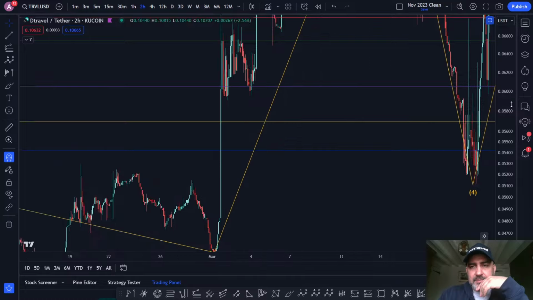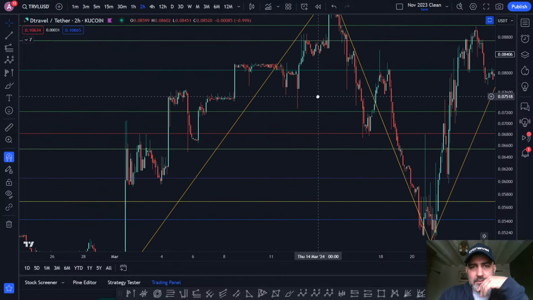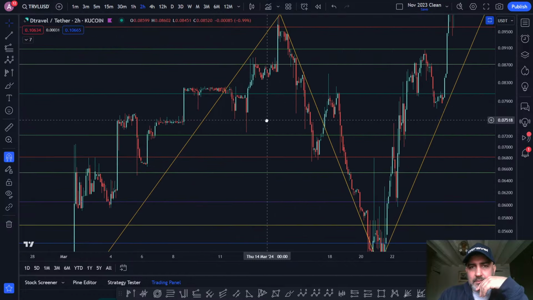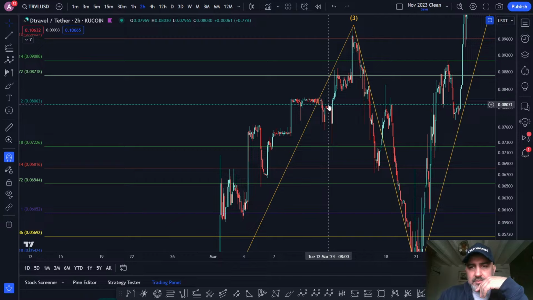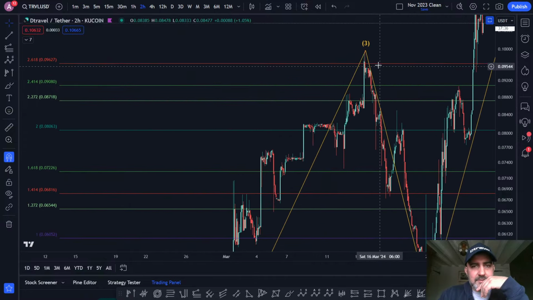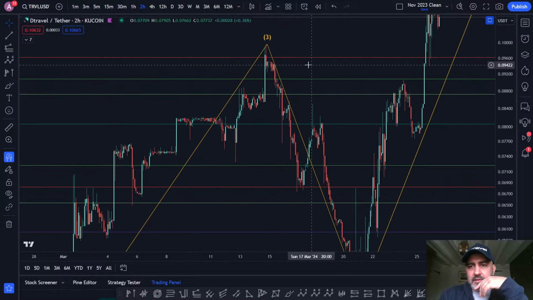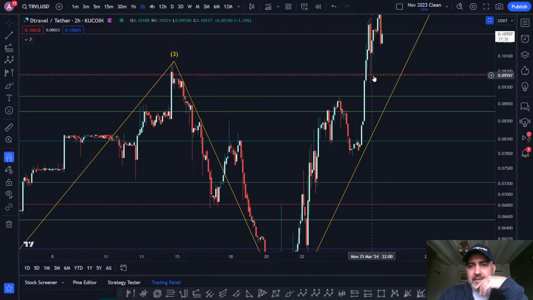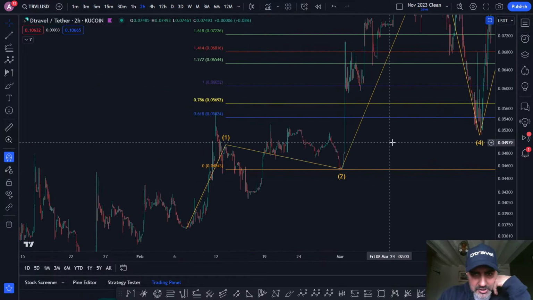Let's see how these fibs look. It's all right. Look, see that the 2, and it goes all the way up to the 2.618. Reacts, rejects, and you have a back test here. So it looks okay. It doesn't look too bad.